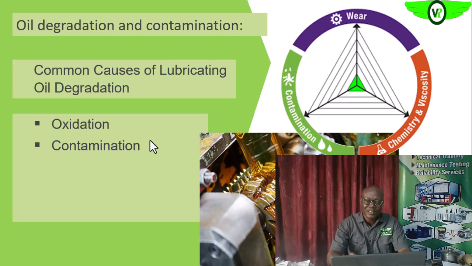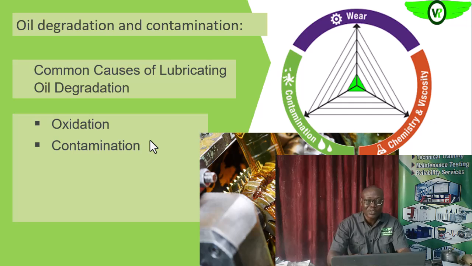Are we getting it? Contamination could also be the ingress of oxygen, which can enhance corrosion of the engine parts through which the oil goes. So we want to be sure that the lubricating oil, as much as possible, is contamination free.